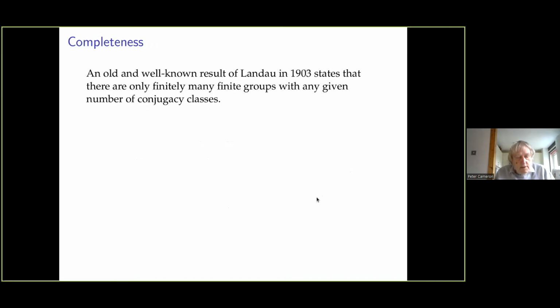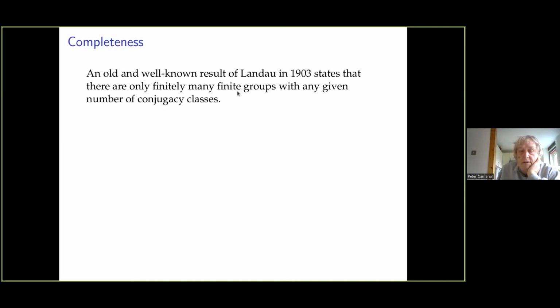So first of all, when is this graph complete? Well, there's an old result going back to Landau in 1903, which states that there are only a finite number of finite groups with a given number of conjugacy classes.